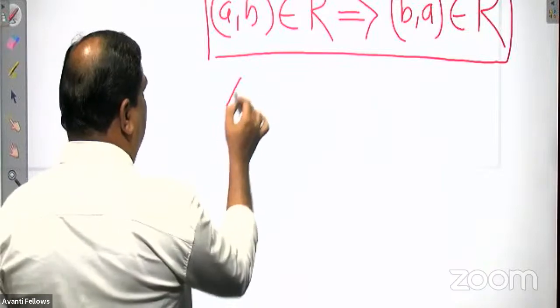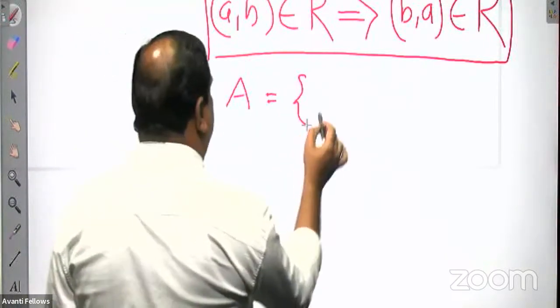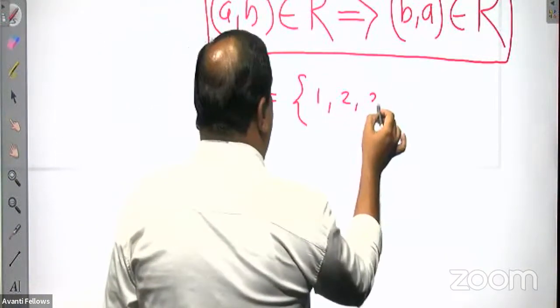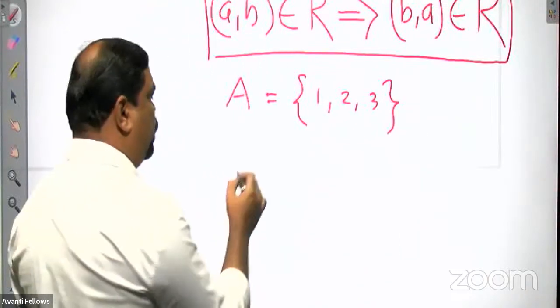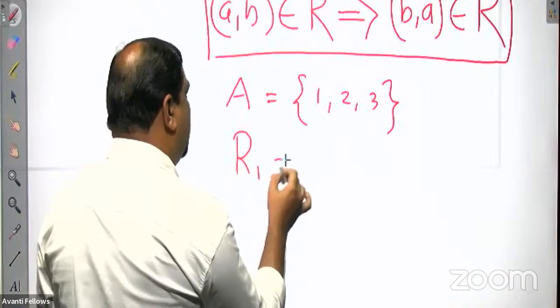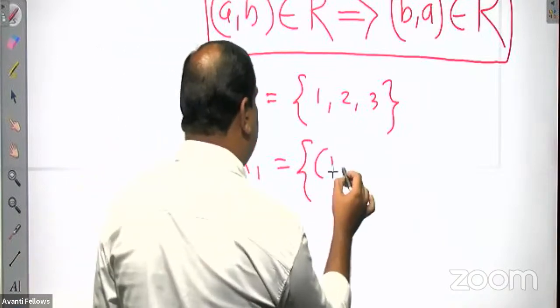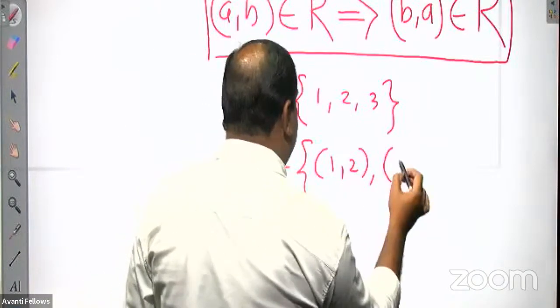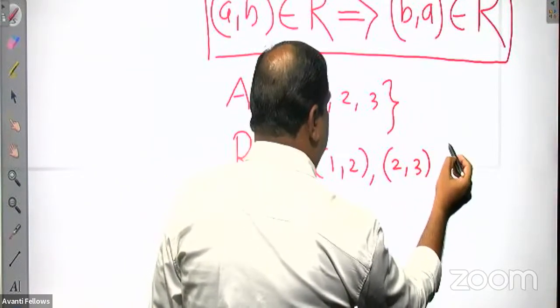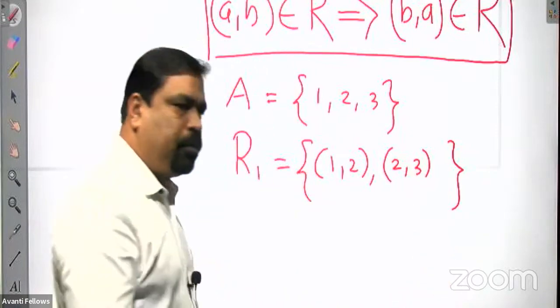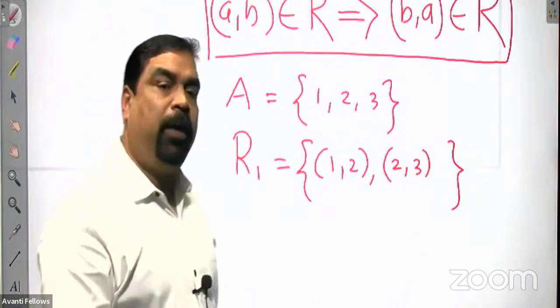For example, I will take an example from our maths only. A is equal to {1, 2, 3}. Just I will take a relation R1 equal to {(1, 2), (2, 3)}. Only this much.